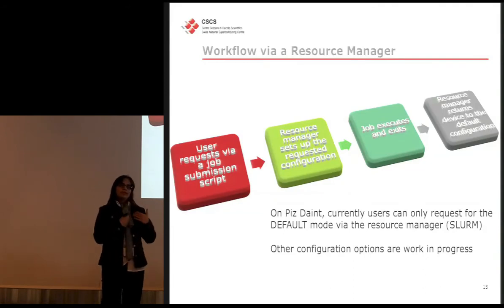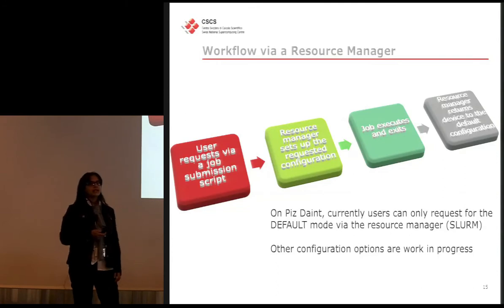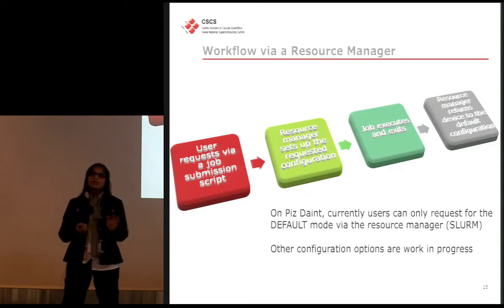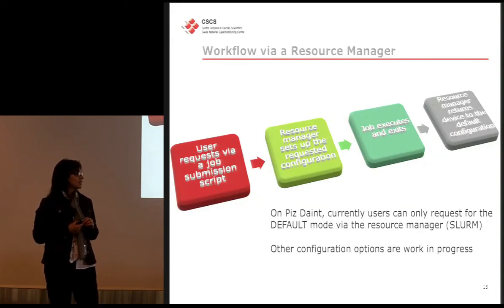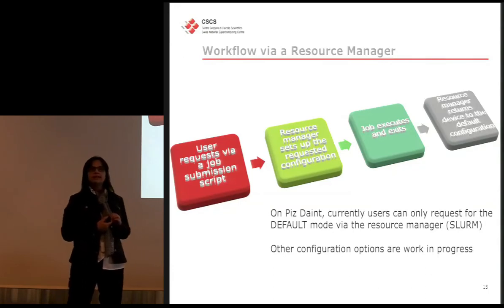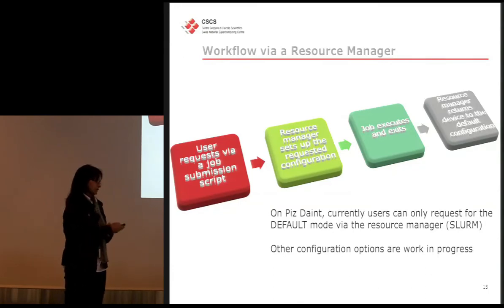The GPU is given to the user, and then it's returned back into the original form. If you are interested, we can talk about other options we are working on, for example the graphic GPU operation mode for visualization and application clocks.